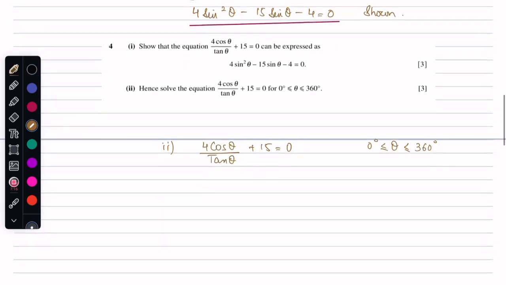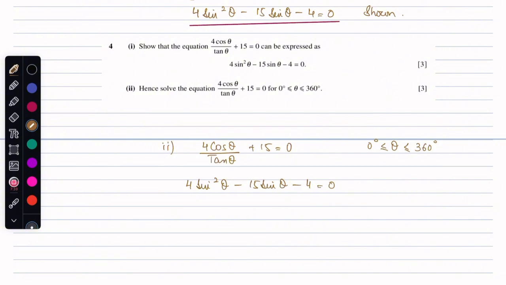So I can write 4 cos theta over tan theta plus 15 as 4 sine square theta minus 15 sine theta minus 4, which then shall be equal to 0. So here I can see that it's a quadratic equation in terms of sine.